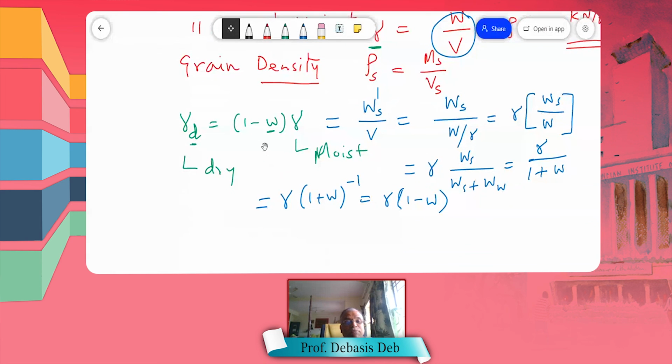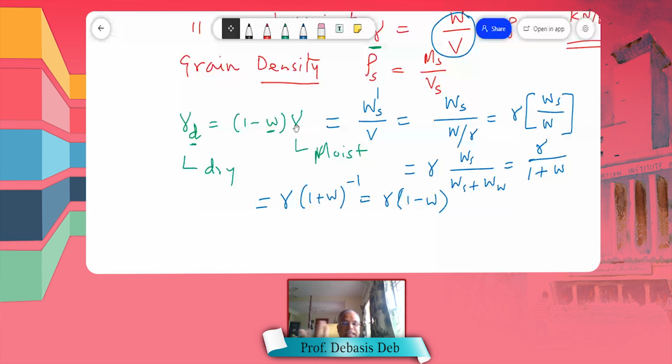So what you simply have to remember, when we get the moist density, that means, as I told you, somebody sent me a sample. I found out its moist density or unit weight. I take its weight, I find out its volume, and that gives me the unit weight of the moist soil.